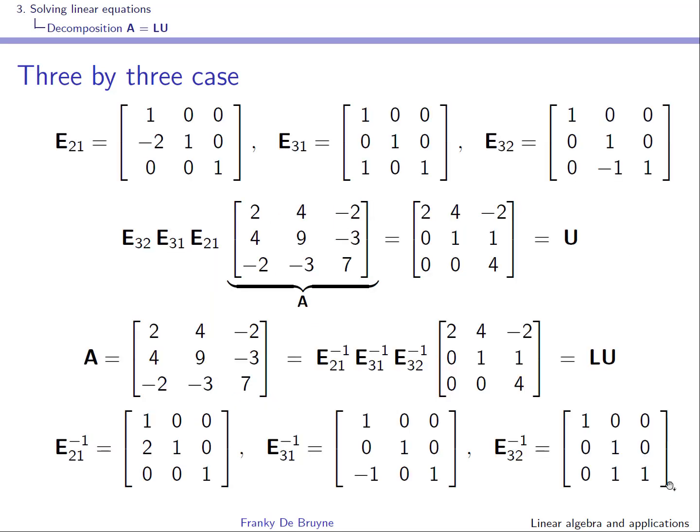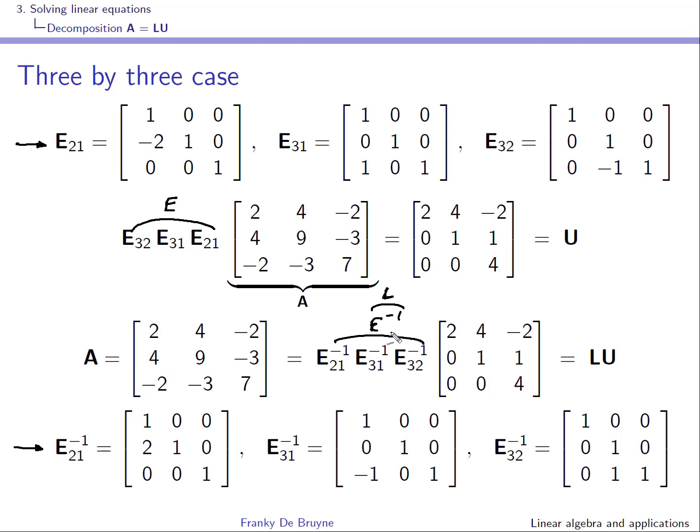Okay, so here are the elimination matrices that we had computed in the previous slide with their inverses. Okay, so if the elimination matrices are combined, you have the global elimination matrix. So E times A is the upper triangular matrix U, and now if you pre-multiply by E minus 1, you can write A as E minus 1 times U. Okay, this is U, and we've shown that this matrix, which we call L here, is lower triangular.